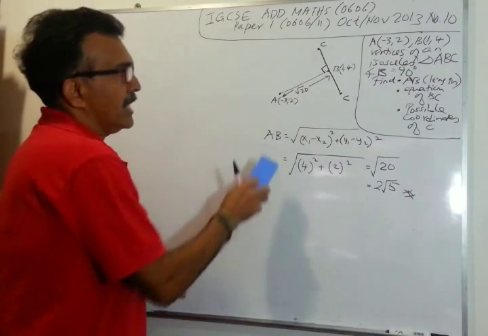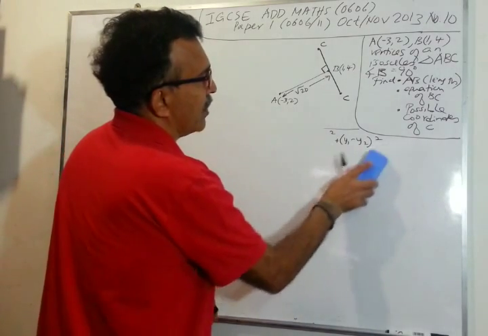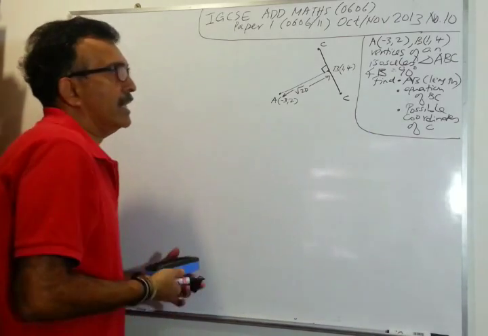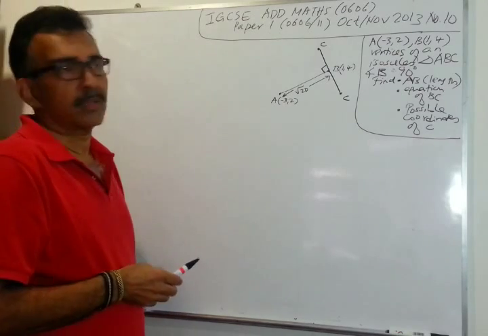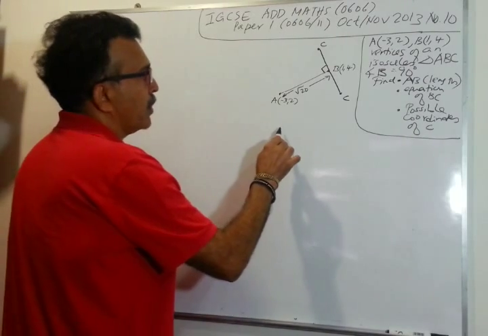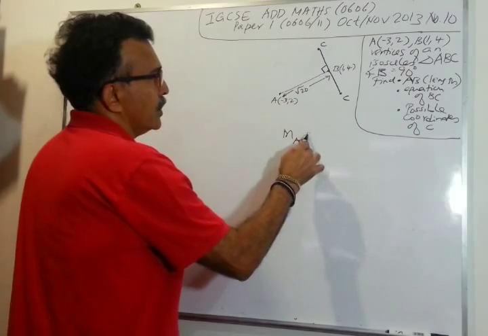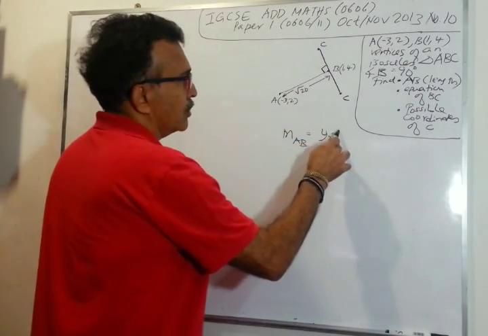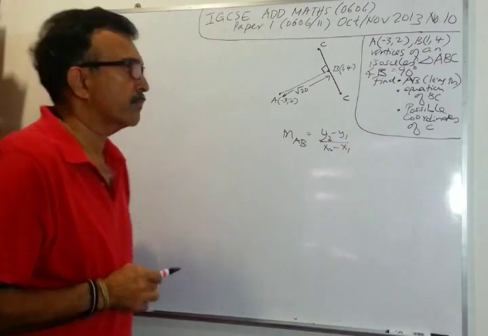Now they ask us to find the equation of BC. BC is perpendicular to AB, there's an angle of 90 degrees. So first we have to find the gradient of AB. The gradient of AB is y2 minus y1 over x2 minus x1.